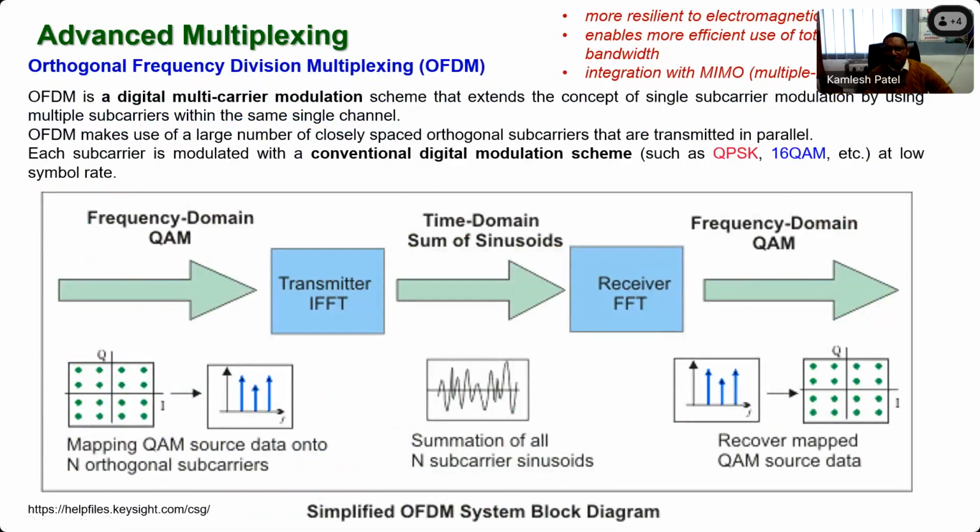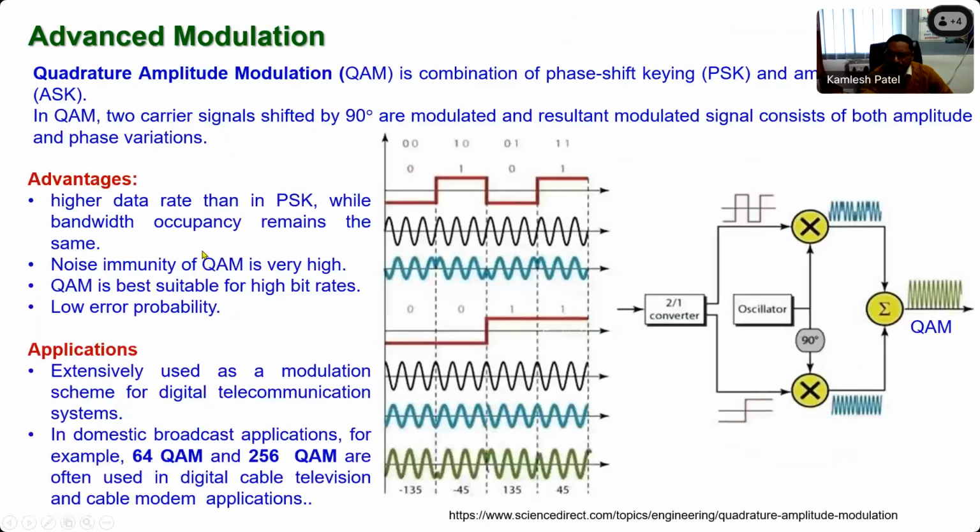One more multiplexing technique is known as orthogonal frequency division multiplexing. That means you can send different information at different frequencies. For this, the first signal is generated as a QAM signal, like the example we explained.